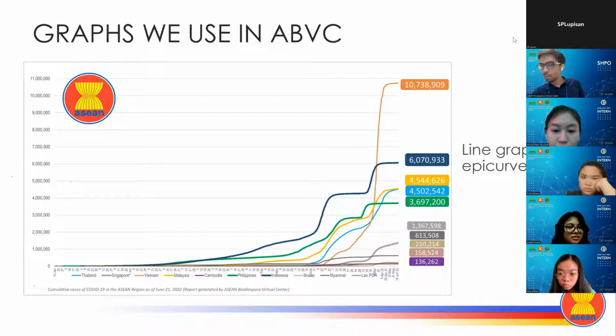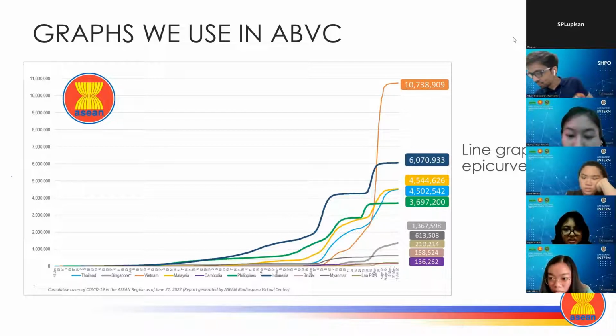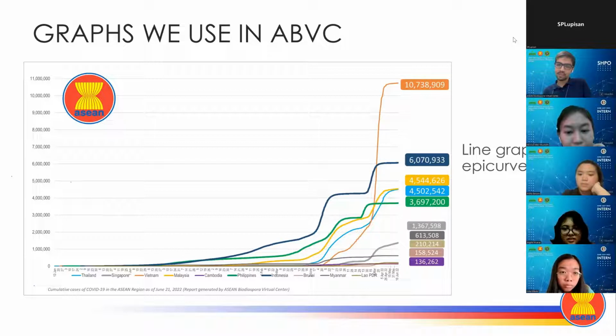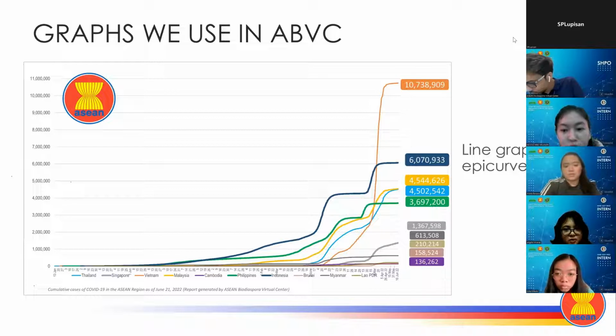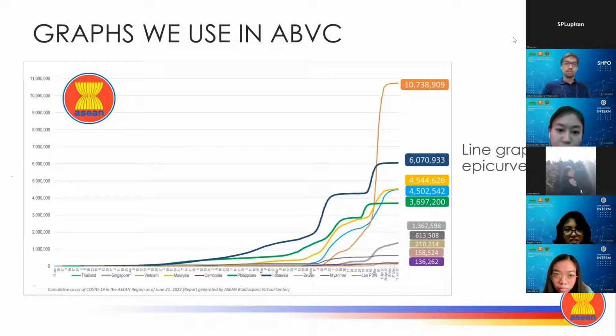Do you think the Philippines is doing well in the ASEAN region? No. Why do you think so? Since most of the other countries have 0 point something case fatality rates.